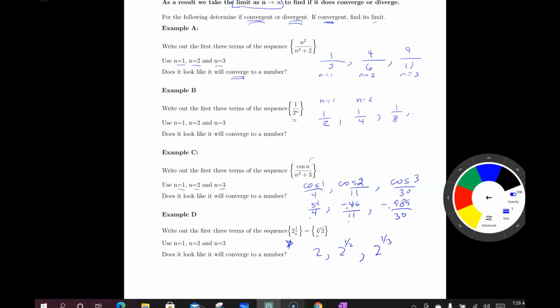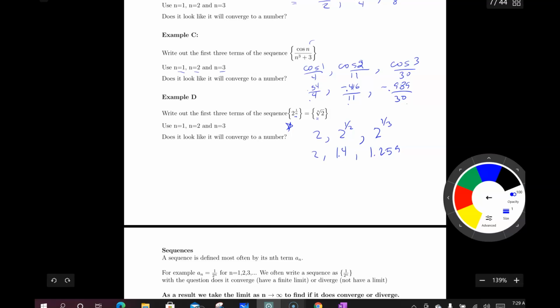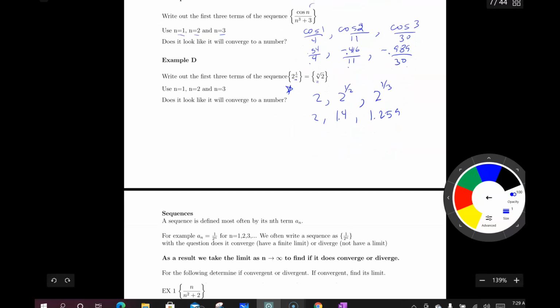The square root is about 1.4, and the cube root is about 1.259. These numbers, I'm not sure where they're going. They're not getting that small. But a sequence of numbers is just numbers separated by commas, so we could actually draw it if I wanted to.